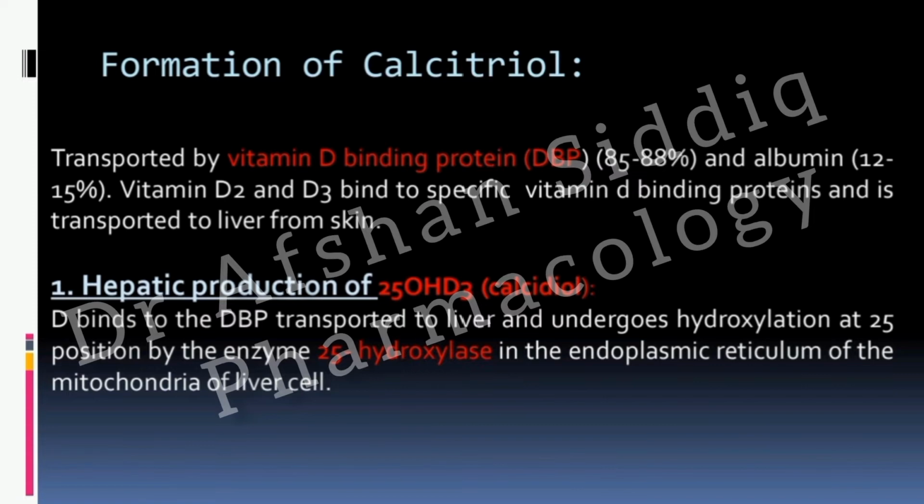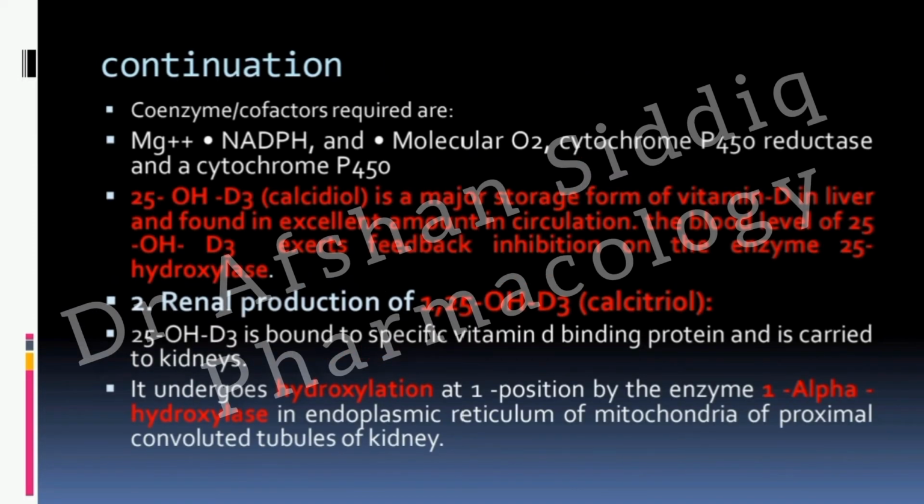So what is the phenomenon? Hydroxylation, and the enzyme which is involved and present in the liver is 25-hydroxylase. Along with this enzyme, which is involved in the conversion of provitamin D3, that is cholecalciferol, into 25-hydroxycholecalciferol, there are certain cofactors required.